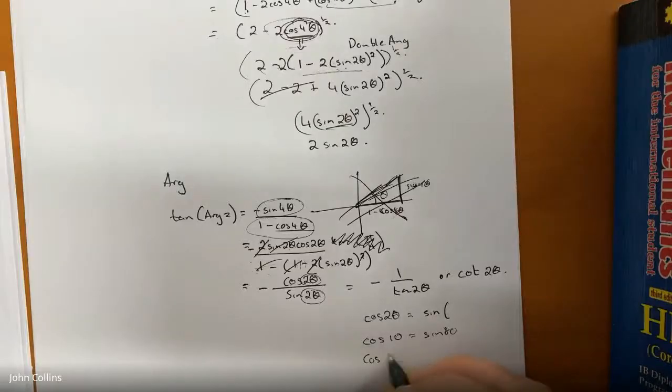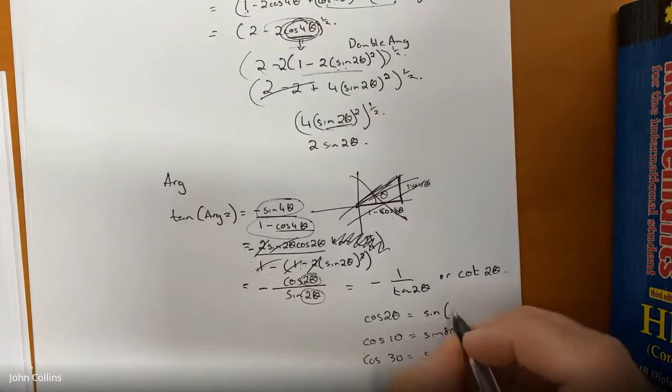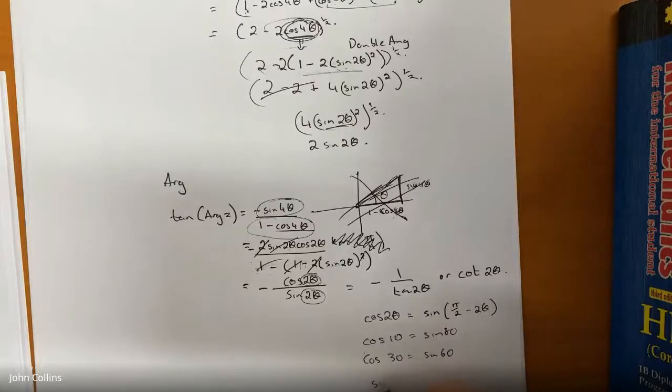So think cos 30 is the same as sine 60, isn't it? Yeah. All right. So how do I write that with 2 theta now? 90 minus 2 theta? Yep. And the same for sine 2 theta. If I want to change it to cos, it'll be 90 minus 2 theta.